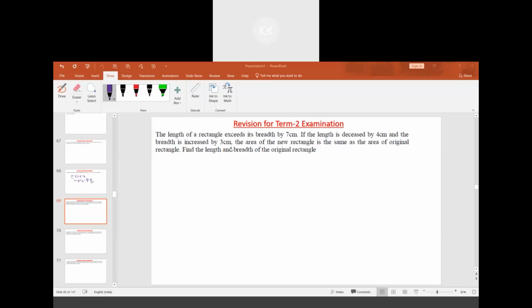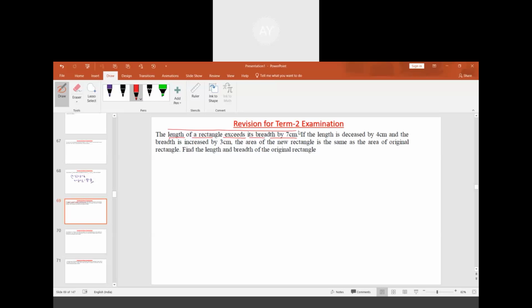How will you consider? Sir, we will consider the breadth x and then the length will be x plus 7. In the second part, it is said that the breadth is increased by 3 centimeter and the length is decreased by 4 centimeters, and the area of the new rectangle is equal to the area of the previous rectangle.